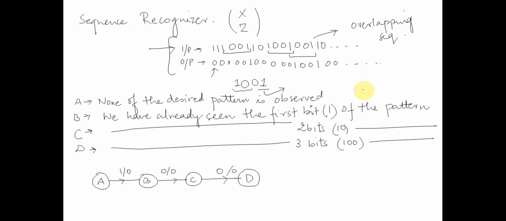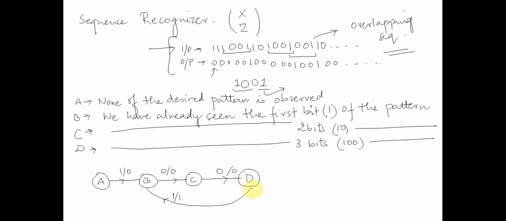And now once we have observed the 100 pattern, if 1 comes, the output has to be 1. And where should we land up the circuit? We should land up in B, because we have already seen 1 bit and we have to recognize an overlapping circuit. So we will go to B, where if 1 comes, the output would be 1. Is this clearer, right?